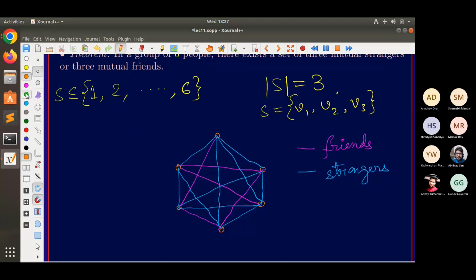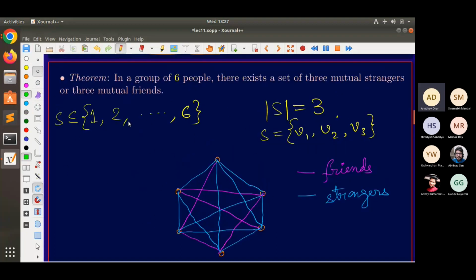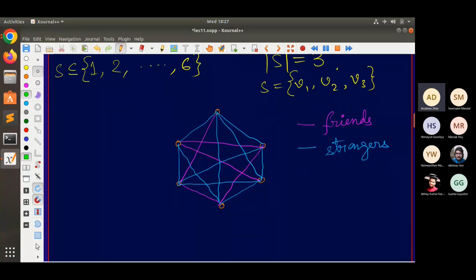Now this particular model gives us a representation of the setting we had. What we have is a completely well understood mathematical model, and now we can argue in this model. For this example, we choose one particular node and observe that there will be at least 3 edges going out that have the same color.